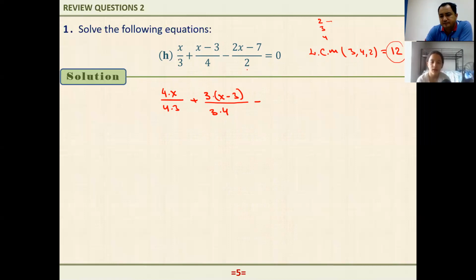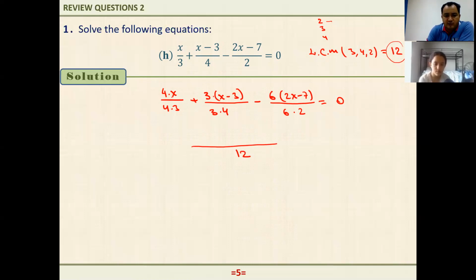And how about here? 6. 6, 2x minus 7 over 6 times 2. On the right hand side, we have 0. It is 12, 12, 12. Now we have a common denominator. I should draw a single fraction line right here.